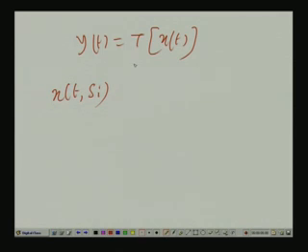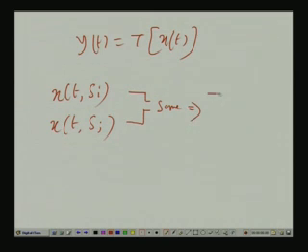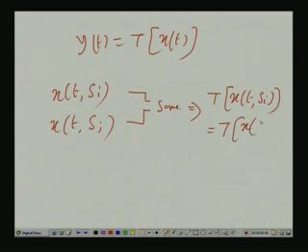That is, suppose s_i and s_j are two different outcomes, but it so happens the two waveforms are the same. In that case, if these two are the same, it implies T of x(t, s_i) should be the same as T of x(t, s_j).